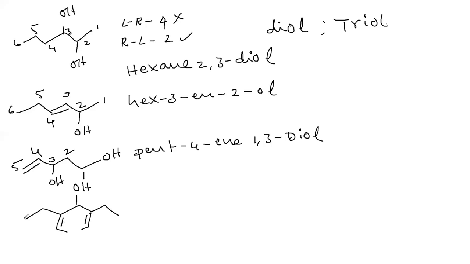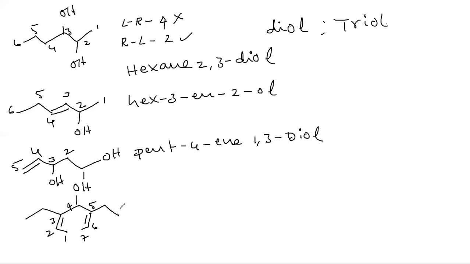Suppose if you give the numbering from here, 1, 2, 3, 4, 5, 6, 7. Suppose if you give the numbering like this, 1, 2, 3, 4, 5, 6, 7. Like this also I am getting 7 carbon numbers.